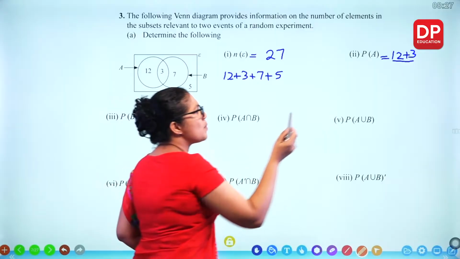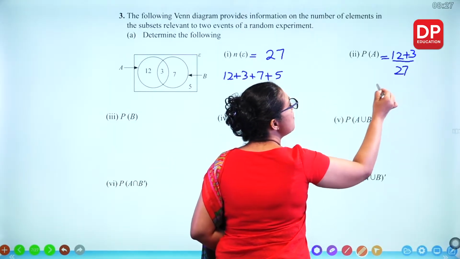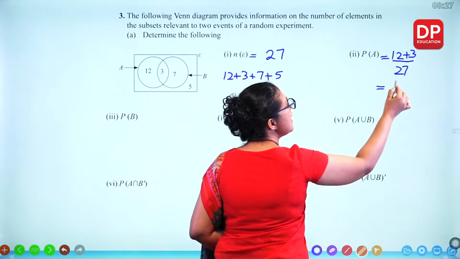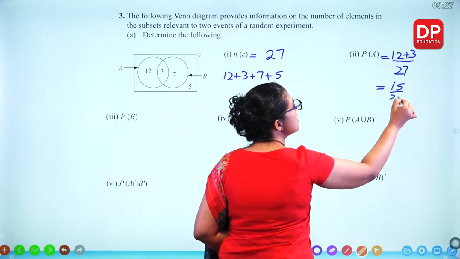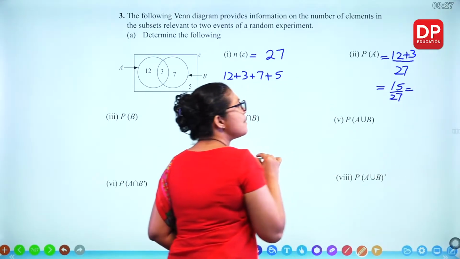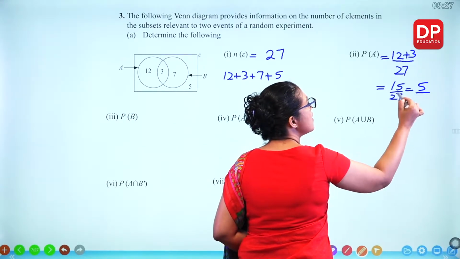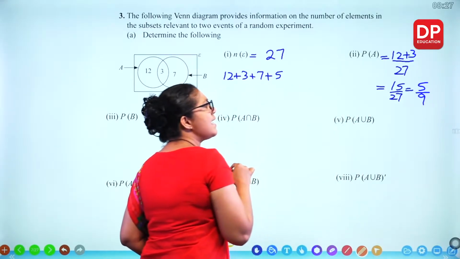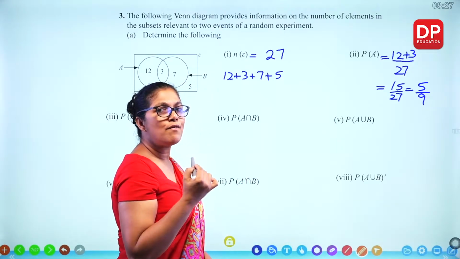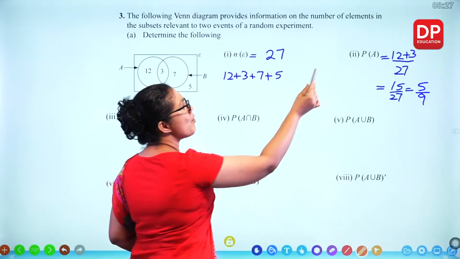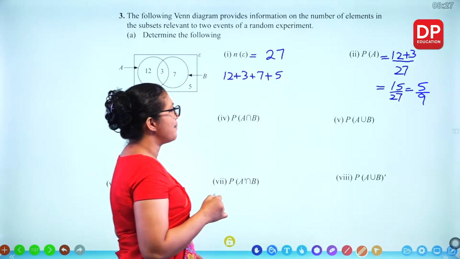Total number is 27. So when you simplify 12 plus 3, you get 15 over 27. When you simplify, divide by 3, 5 over 3 times 9, 27. So 5 over 9 is probability of getting A.